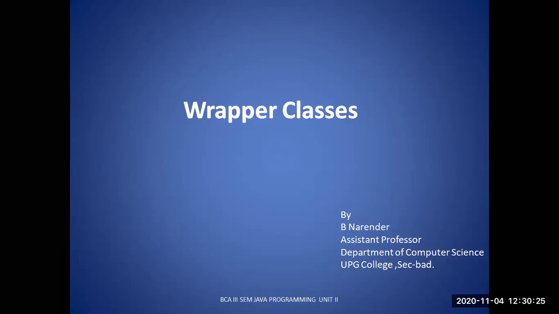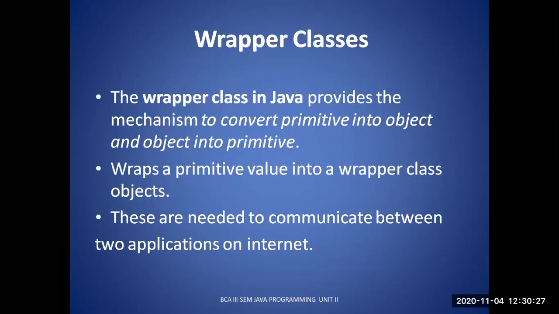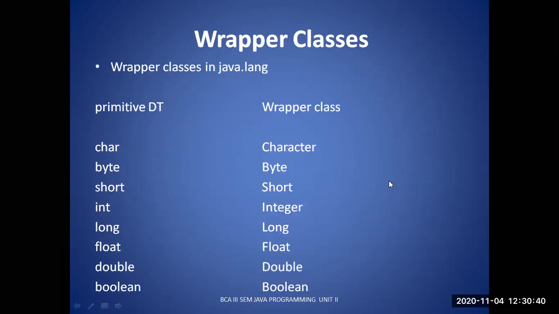A wrapper class in Java provides the mechanism to convert primitive types into objects and objects into primitive types. You can see here Character, char, Byte, byte, Short, short, Integer, int. These are some important points regarding wrapper classes.